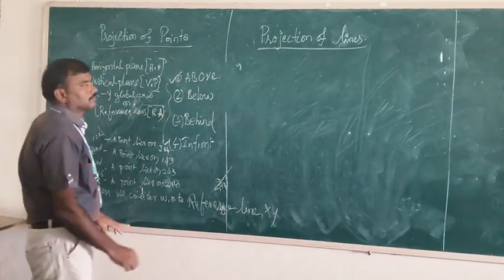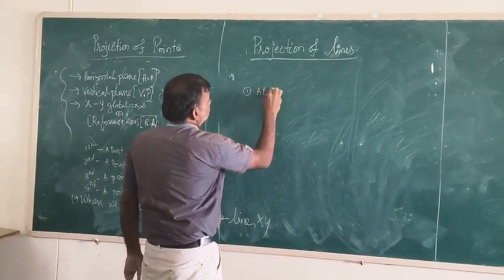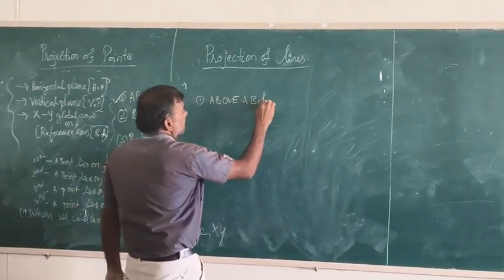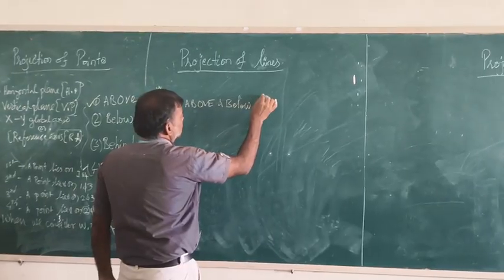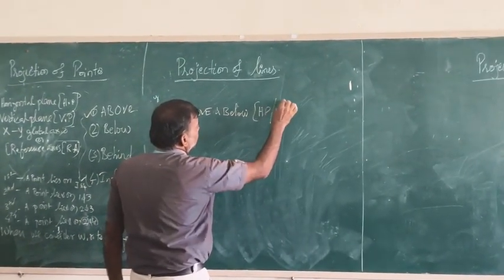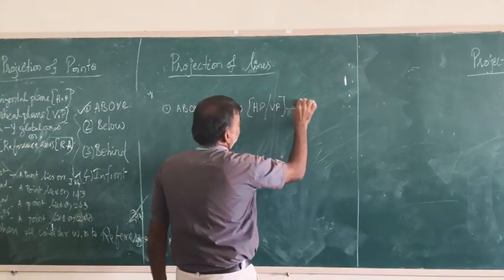Those words are first one, above and below, on HP and VP, which clearly shows the front view.